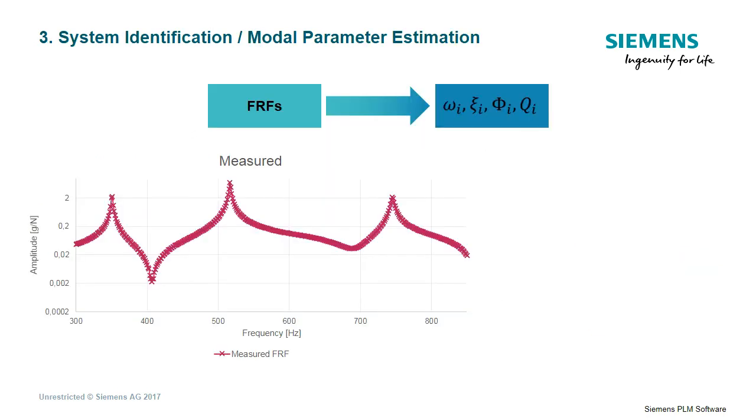Once we have measured all FRFs, the next step is to perform the modal parameter estimation, extracting modal parameters from the selected set. The first step is to define the frequency range in which we want the modal parameters to be identified.